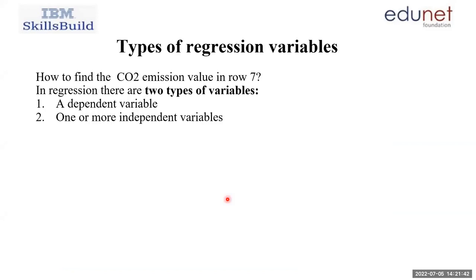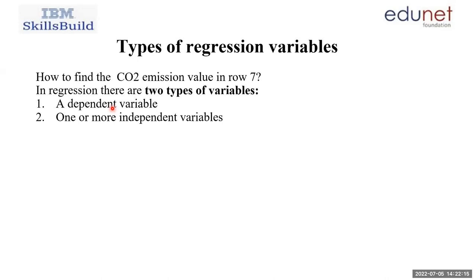Then the types of regression variables. There are two types of variables. One is the dependent variable. From the name itself it is clear: it depends on something, right? We are going to find the value of Y using the value of X. If we have the features, then we find the output.